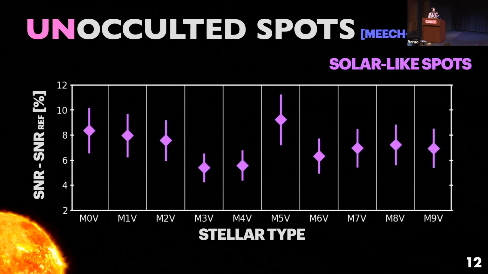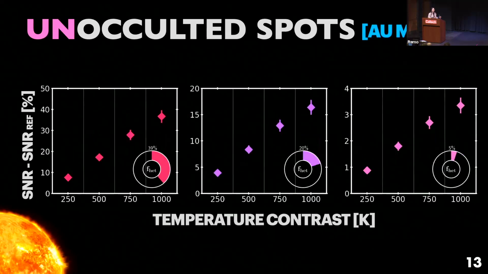So we wanted to narrow down into one particular use case, and that was AU-MIC, and we varied the spot parameters. So the y-axis has stayed the same here, but on the x-axis now we've got the temperature contrast used between the photosphere and the spots. And in each of the 3 panels, we've assumed a different filling fraction according to those given in literature.